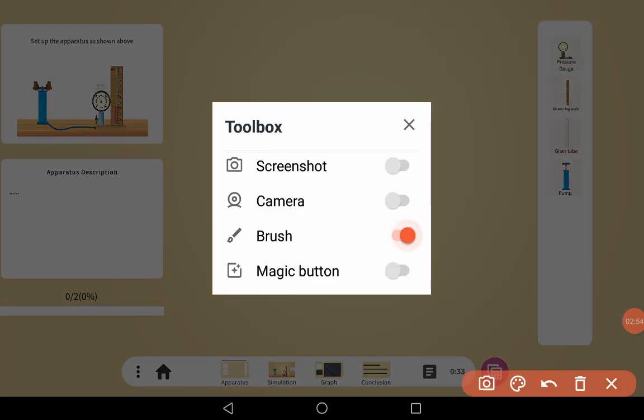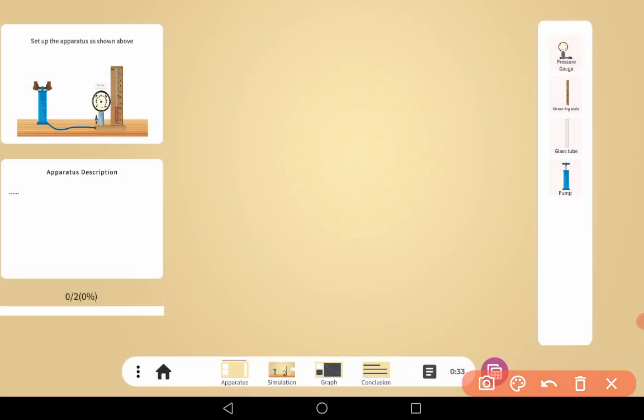So this experiment can be used to model Boyle's law.